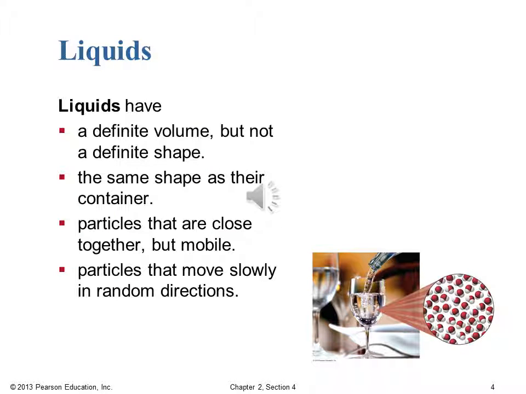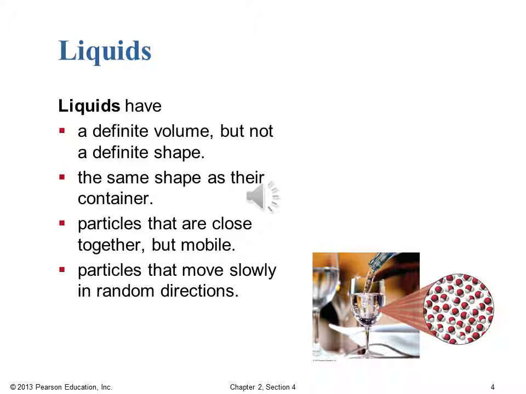Now moving to liquids, liquids have a definite volume but not a definite shape. So these truly do take the shape of their container, and therefore, if we pour water into a glass like we see in the slide, it'll appear to take the shape of that glass container. If we were to pour it into a graduated cylinder that's tall and skinny, it would look higher, but it would be the same overall volume.